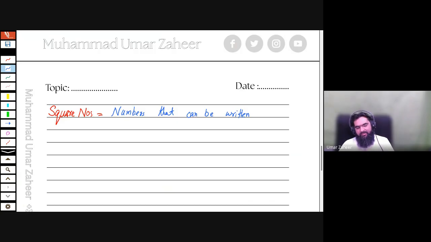Yes, you have to multiply it by itself. You have any integer that you multiply by itself, and you will get that number. In simple words, when you write 2 squared, this means 2 times 2.